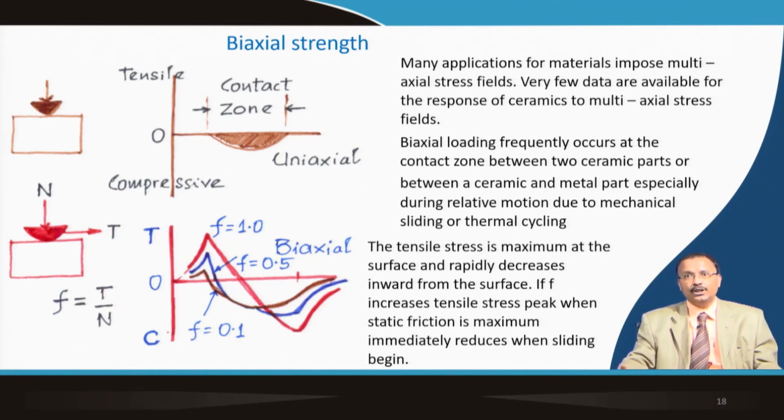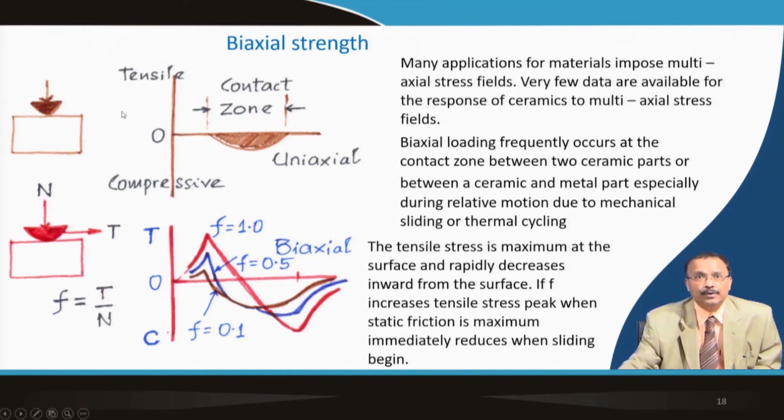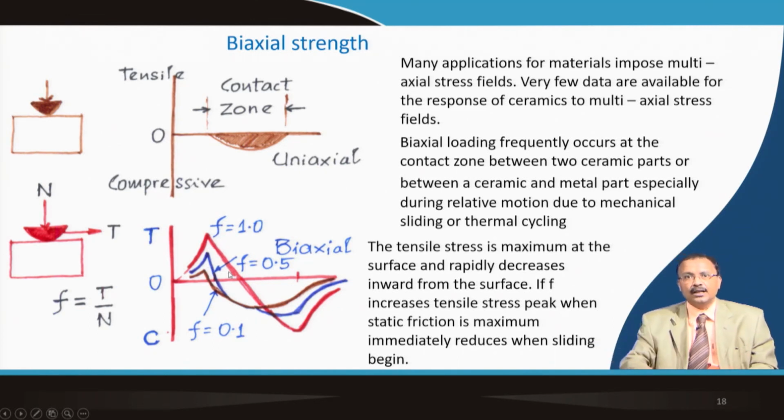Biaxial loading frequently occurs at the contact zone between two ceramic parts or a ceramic and glass part. As you can see, in the contact zone, the tensile stress is maximum at the surface, and then rapidly decreases inward from the surface.